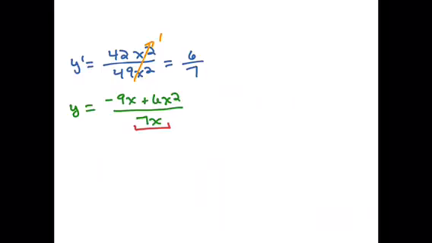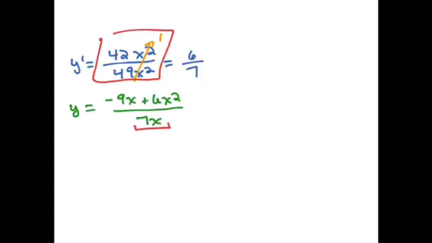When you have a single term in the denominator, almost always the end result will end up simplifying. And sometimes we can simplify before we start the problem and make it much easier to work with.